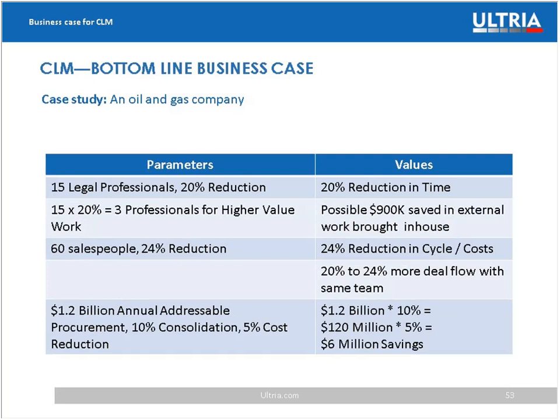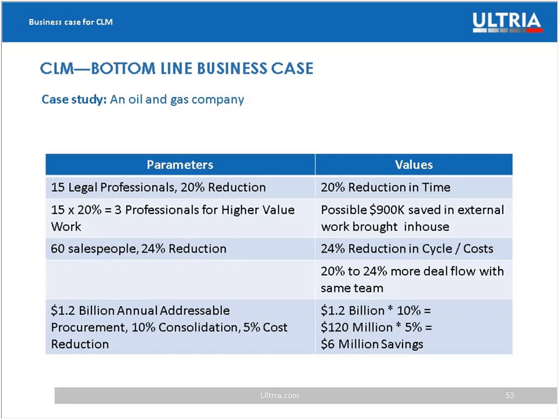But you can, however, move more deals through the same pipe, or perhaps there are some people who can be redeployed to higher value or alternate value tasking. But effectively, this probably represents conservatively $1 million or $900,000 in cost allocation or cost reallocation for the legal team.